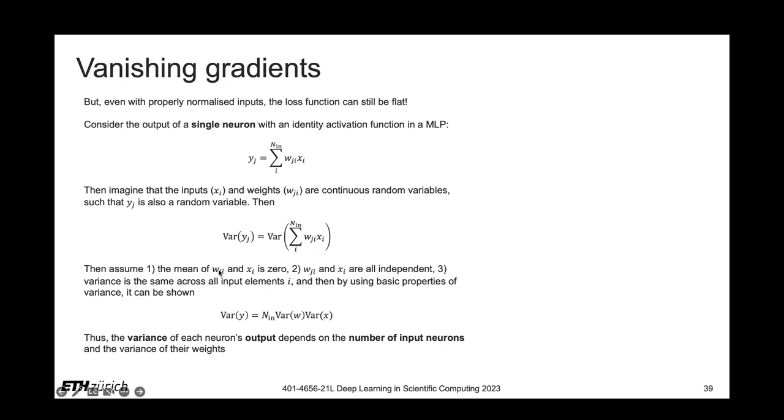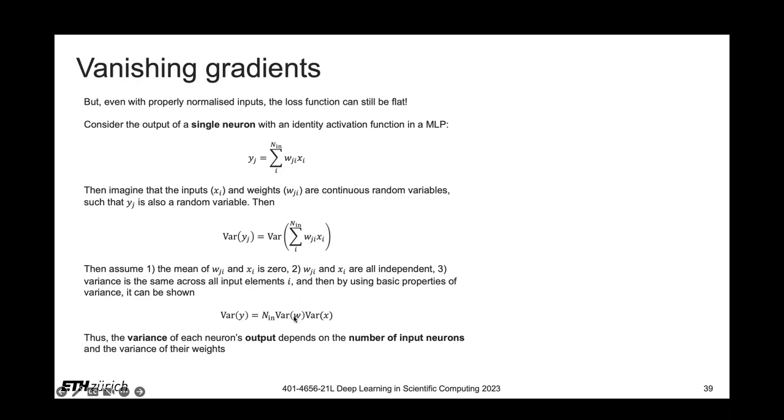The first is that the mean of the weights is 0 and the mean of x is 0. That's generally true if we sample w from a normal distribution and normalize x between -1 and 1, and we assume all the inputs and weights are independent. Using basic properties of the variance of random variables and combinations of those variables, you can very easily show that the variance of y is this expression here.